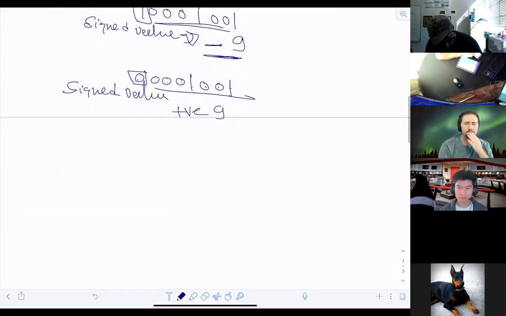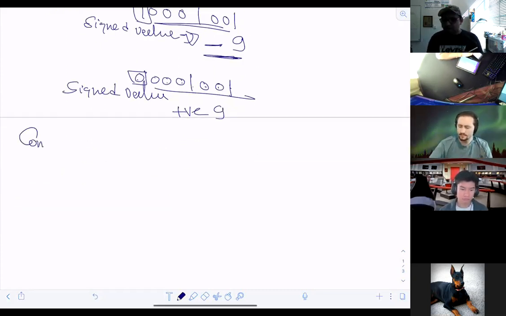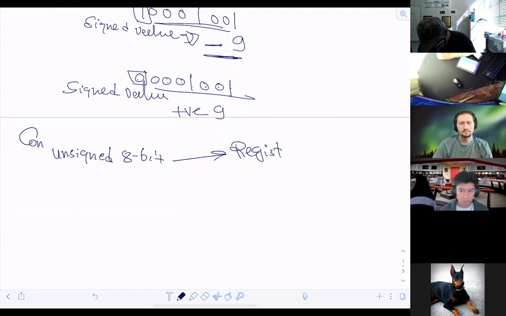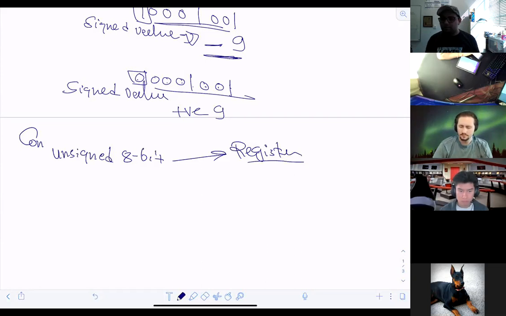So conclusion, if I'm thinking about 8 bits, right? And I say 8-bit unsigned, that means that thing is holding these values. We call it, at the circuit level later on, a register, which is storing data, okay?